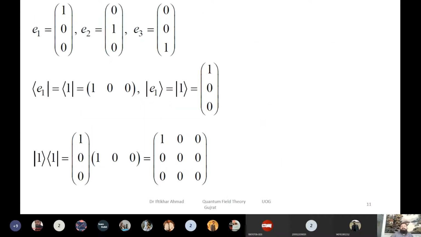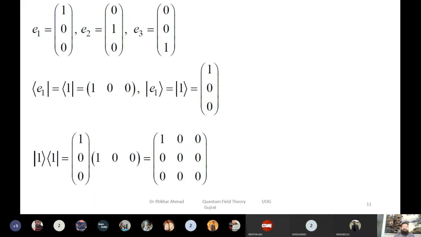Here I explained what E1 is. E1 is equal to 1 0 0, E2 is equal to 0 1 0, and E3 is equal to 0 0 1. When you represent E1 in the form of a bra, you get 1 0 0, which means a row vector, and in the form of a ket you get a column vector.